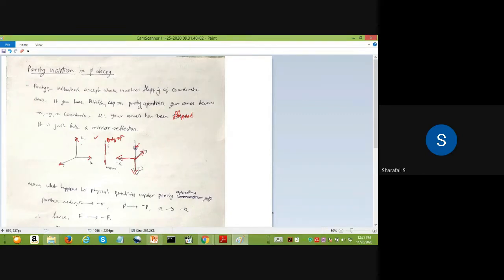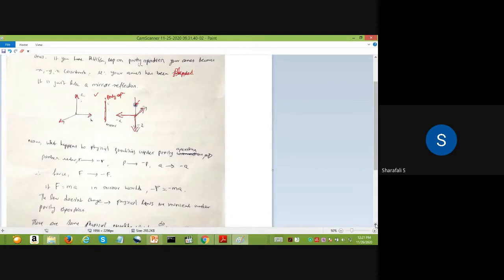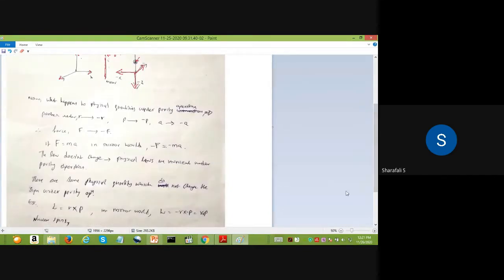And you have different kinds of that, which we will see. If you consider any physical quantity like momentum, force, or any other physical quantities, the parity change affects these physical quantities.